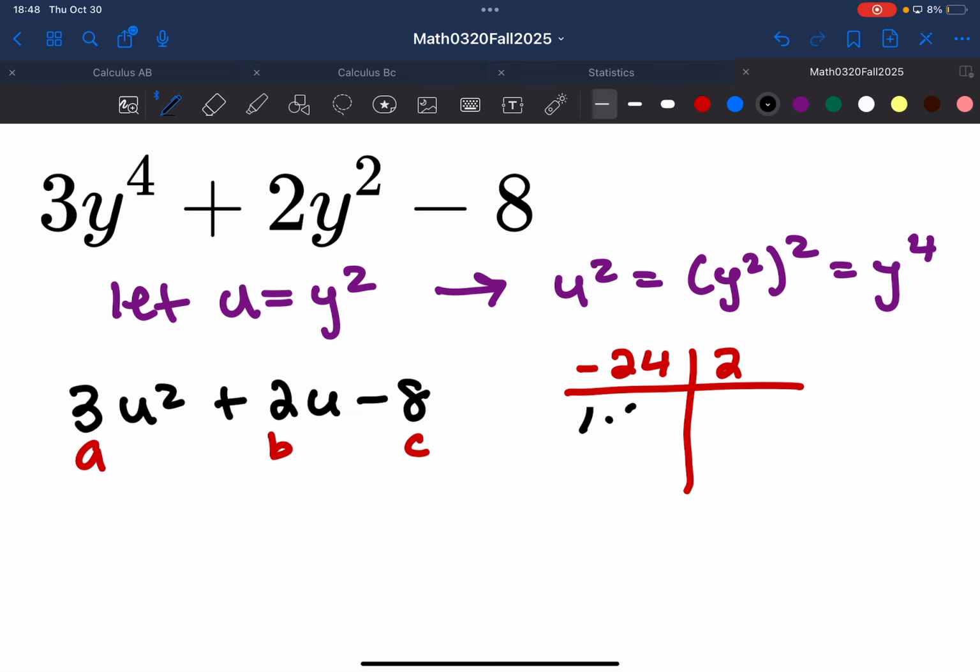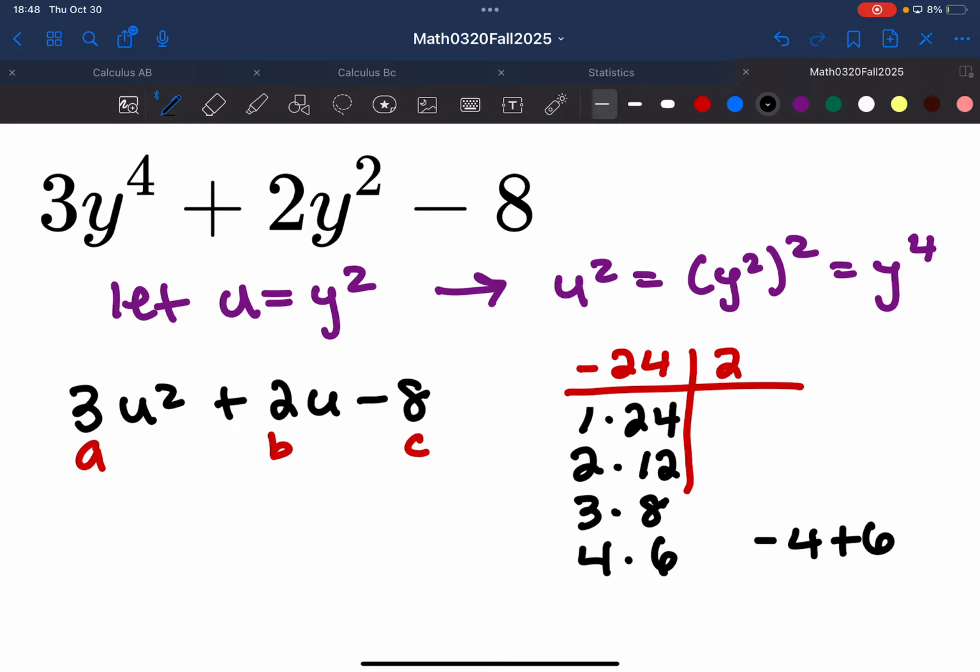So that's 1 times 24, 2 times 12, 3 times 8, and 4 times 6. And I'm going to stop there. And which one is going to be negative? 4, right? Negative 4 plus 6 is going to give me a positive 2. And if I multiply them together, it gives me a negative 24.